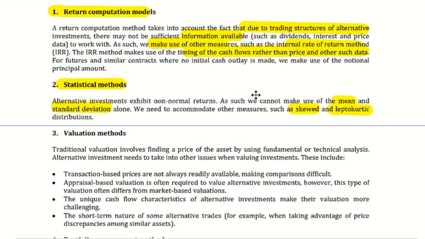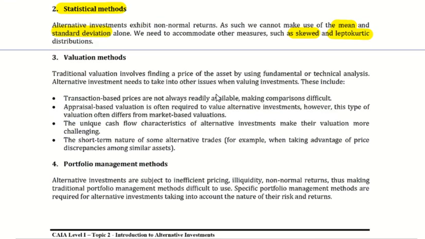If those terms sound a bit strange and foreign to you, don't stress. Those will come up again in topic number 2 in great detail. We talk about valuation methods with respect to traditionals versus alternatives. Traditionally, you could either use fundamental or technical analysis when looking at valuation. Alternative investments have got issues with respect to those methodologies, and they need to use things like transaction-based prices.